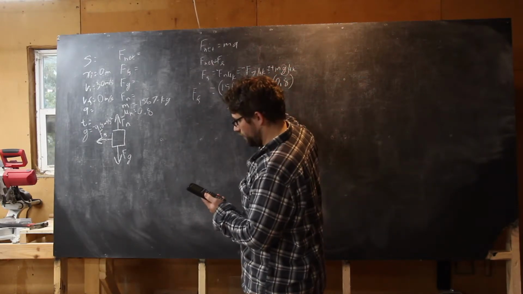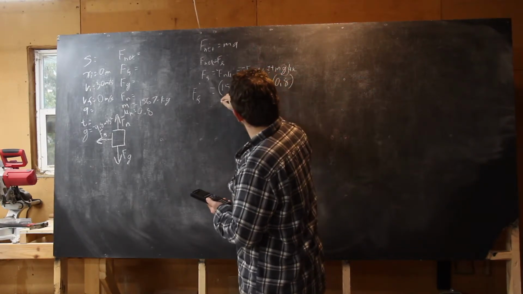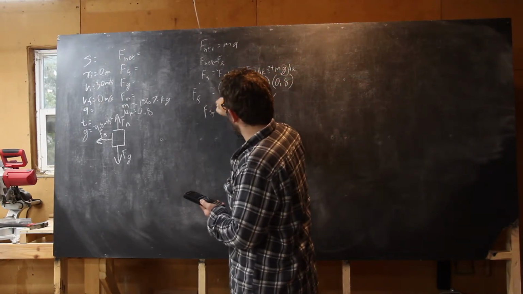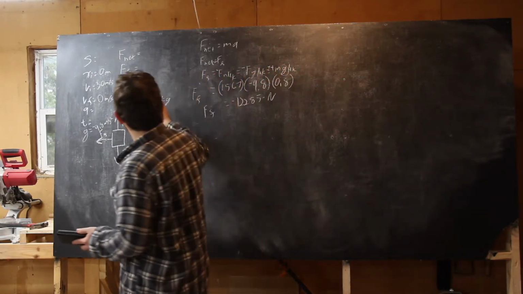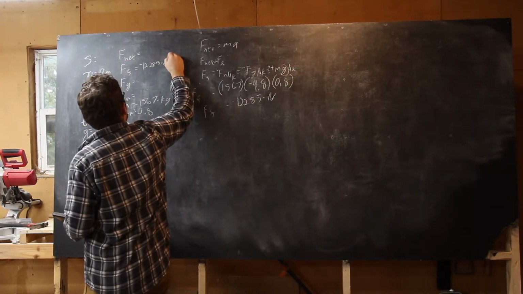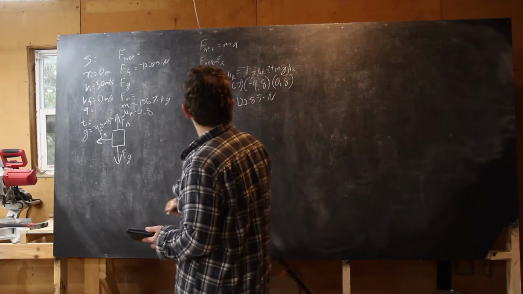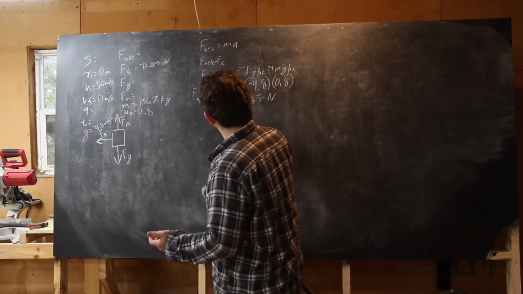That gives us negative 12,285 newtons for force of friction. Okay, easy enough. And we can use that to determine our acceleration throughout this whole motion.